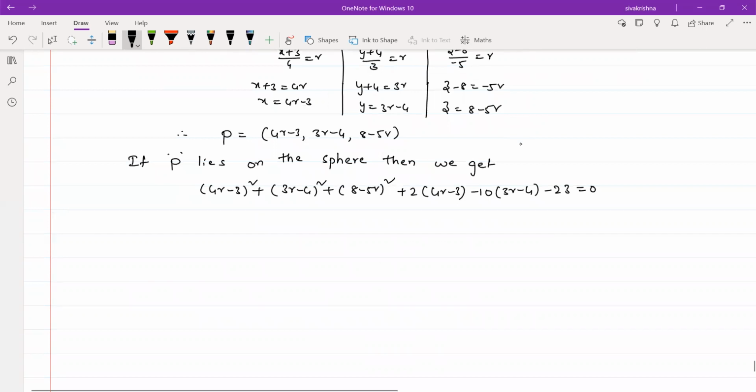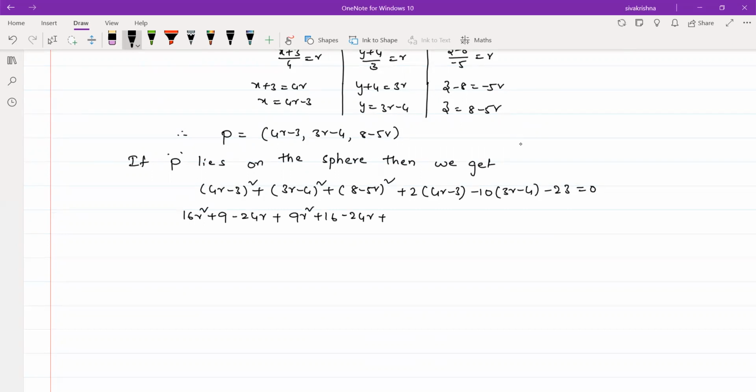After getting the r value, we can write the points of intersection of the line and the sphere. Now I am expanding (4r minus 3) whole square. We get 16r square plus 9 minus 24r. Similarly, 9r square plus 16 minus 24r.